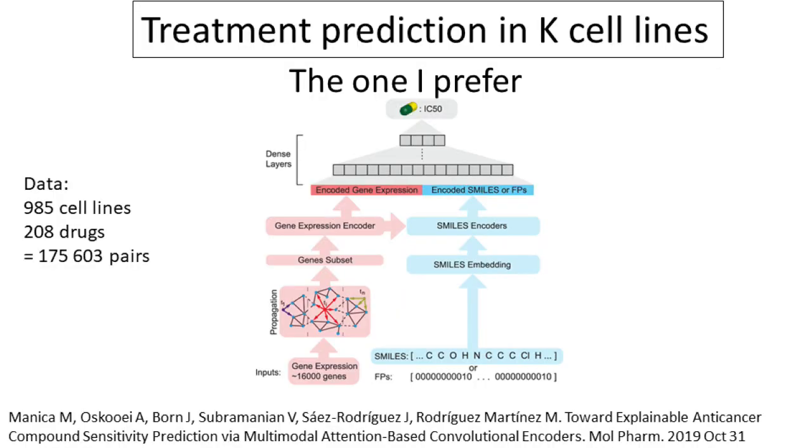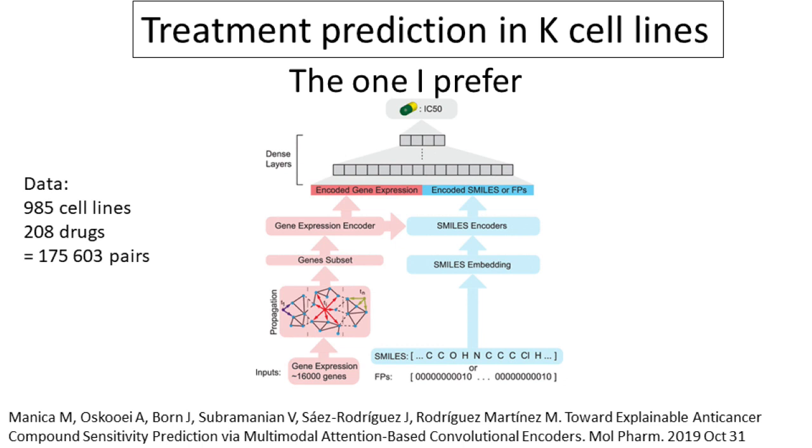For that, we also have big databases, such as the GDSC database, but there are many others. And I wanted to show to you this paper that clearly changed the landscape of AI applied to predicting the drug effect in cell lines.